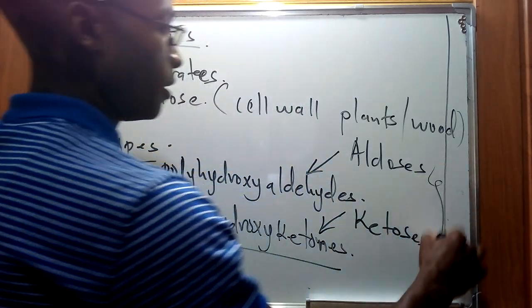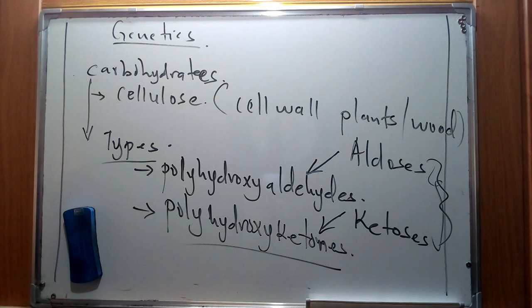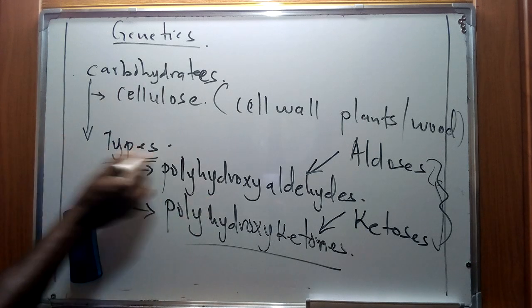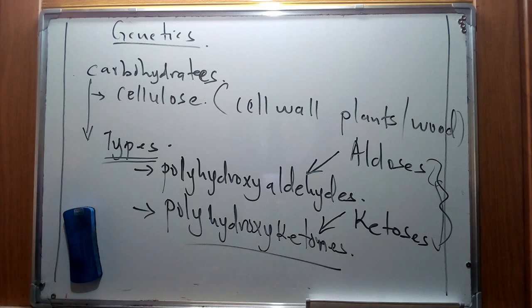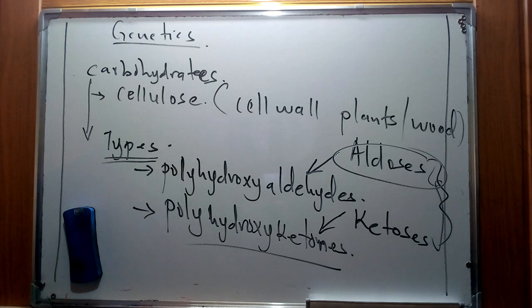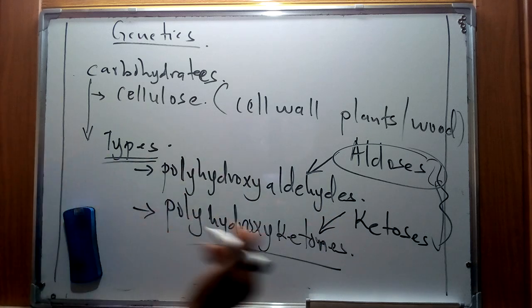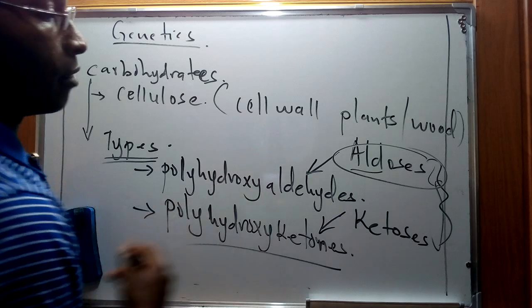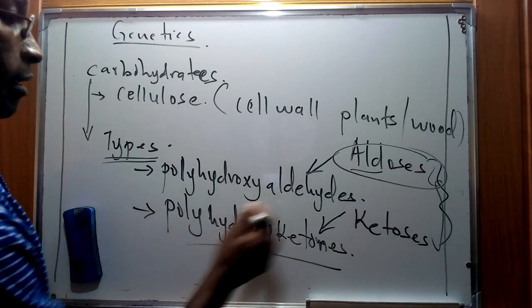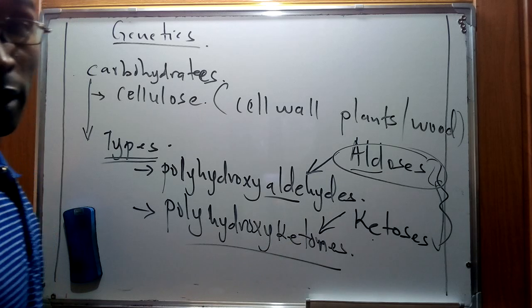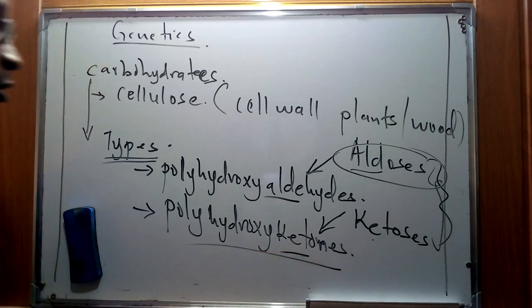So from these two broader senses that we have already illustrated for the naming of these two types of carbohydrates, you can look at the names and see that they are characteristic. If you look at the prefix, it starts with aldo, basically implying the concept of aldehydes, and keto, implying the concept of ketones.